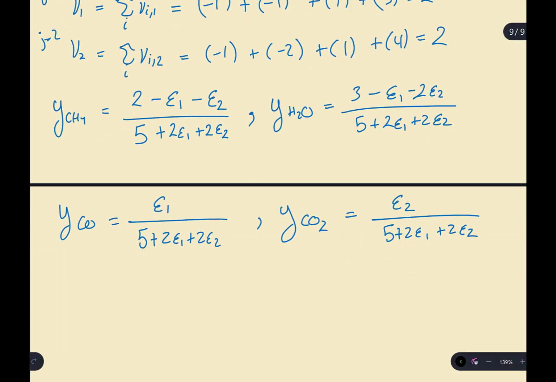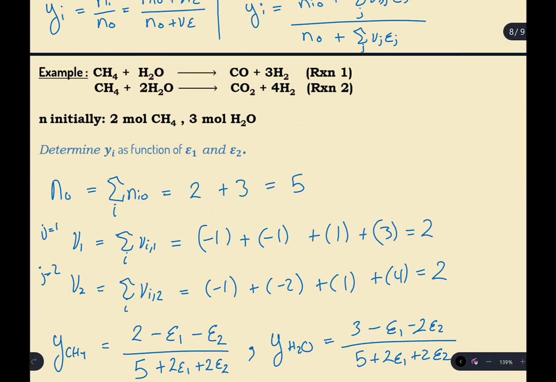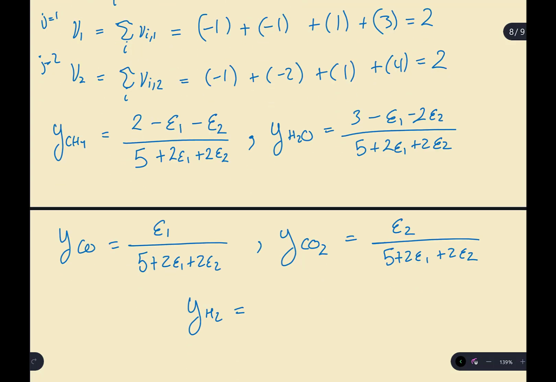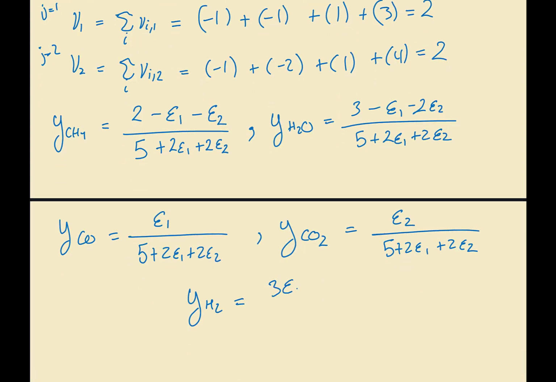And then the last one, hydrogen. In this case, hydrogen is being produced in both reactions, so we would write 3 epsilon 1 plus 4 epsilon 2 divided by 5 plus 2 epsilon 1 plus 2 epsilon 2.